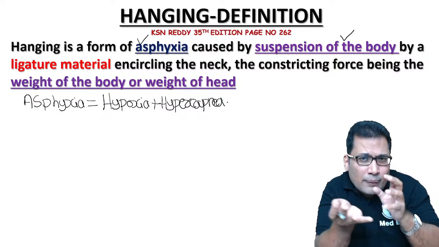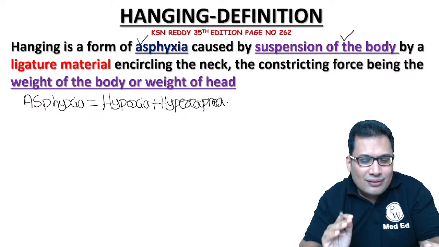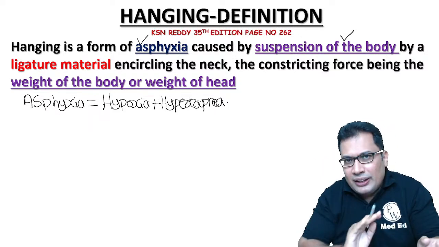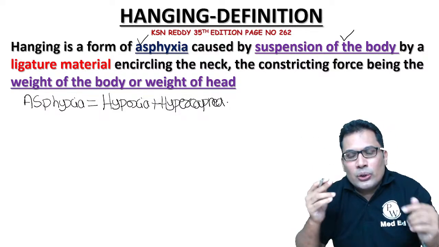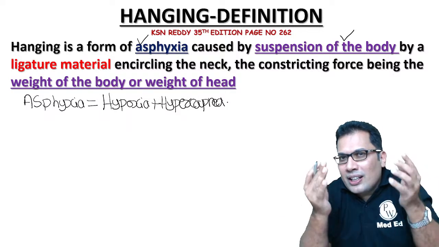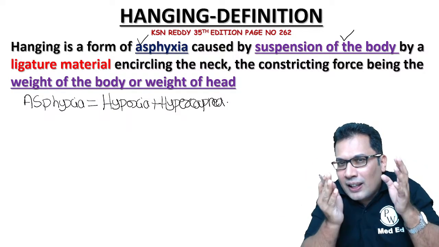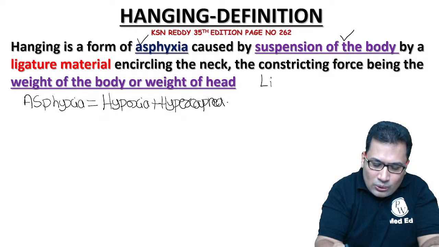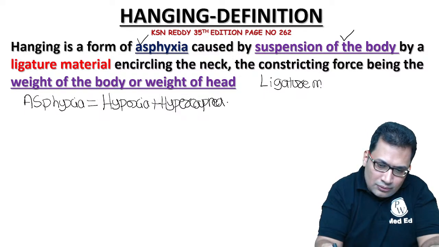Suspension of the body is there only in hanging. By ligature material encircling the neck. So what is the appearance of the ligature mark? Your answer should be oblique. The ligature mark is oblique in nature.